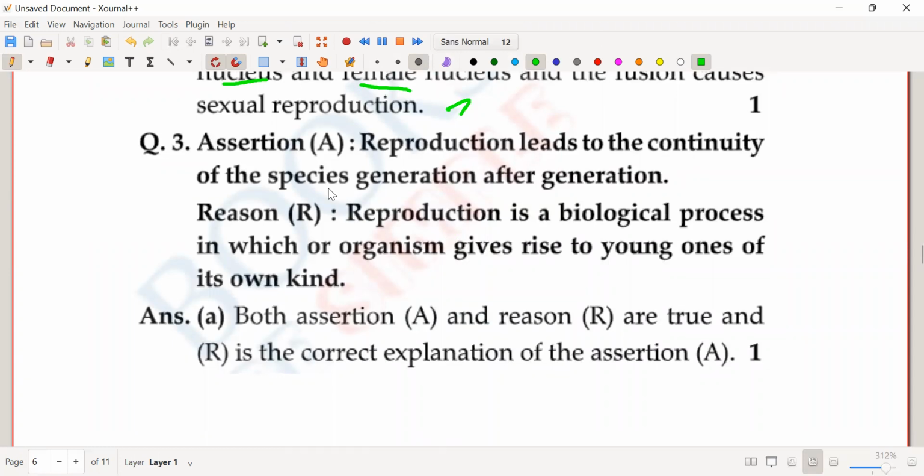Reproduction leads to the continuity of species generation after generation. Reproduction is a biological process in which organisms give rise to young ones of their own kind. Both assertion and reason are true, and R is the right explanation.